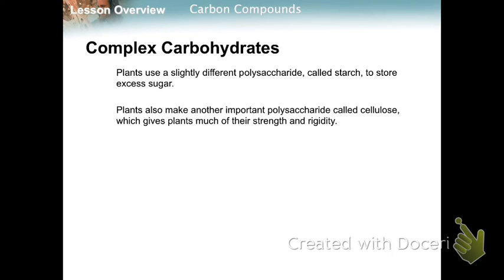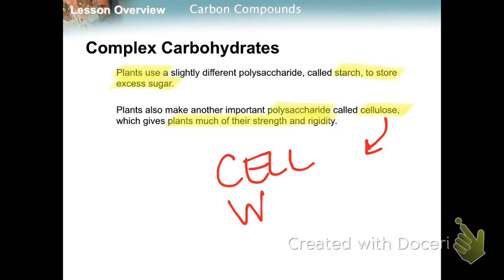Plants use starch to store excess sugar. They also, very important, have a polysaccharide called cellulose. It gives plants their strength and rigidity. Cellulose is what plant cell walls are made of.